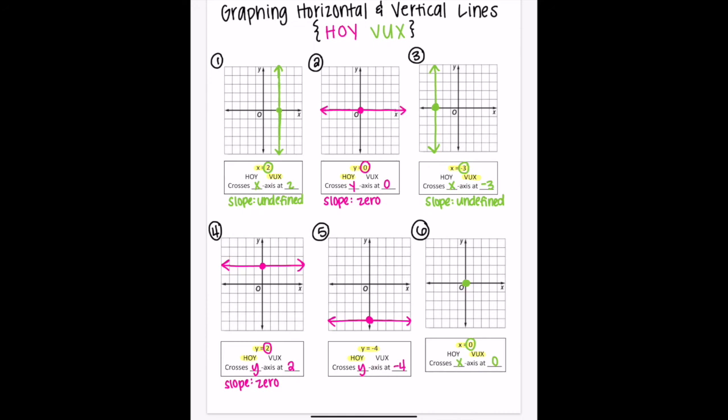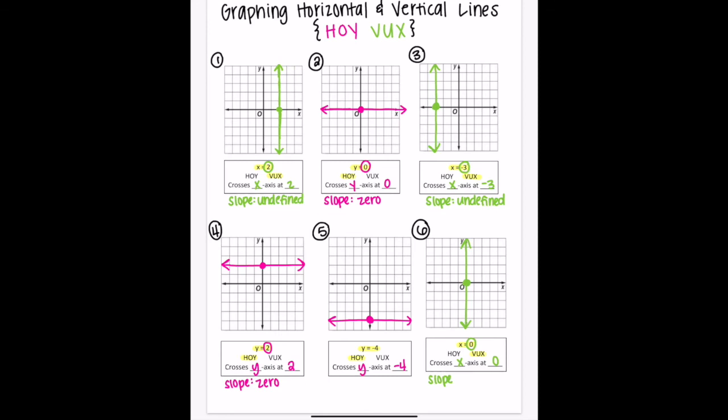Now this is an x, V-U-X tells us vertical. So that's a straight line going up and down. Okay, and that slope is undefined. And the slope from number 5 was 0.